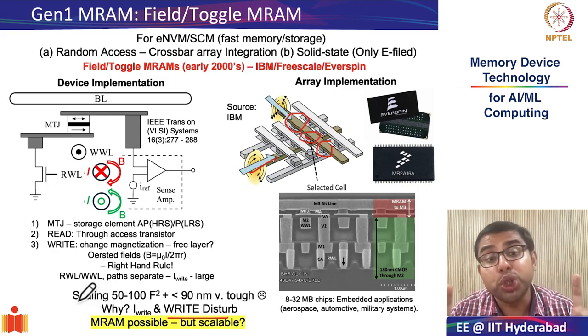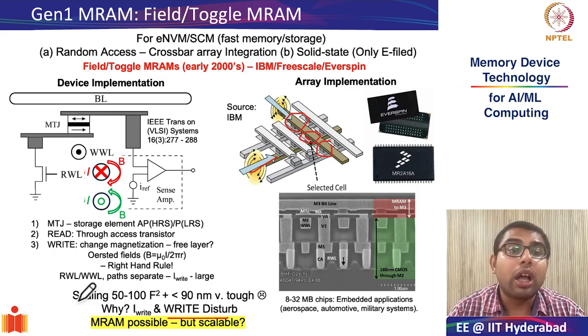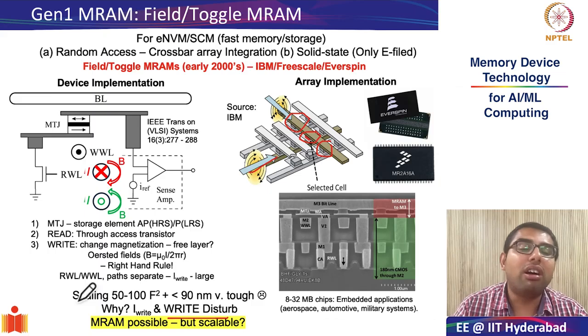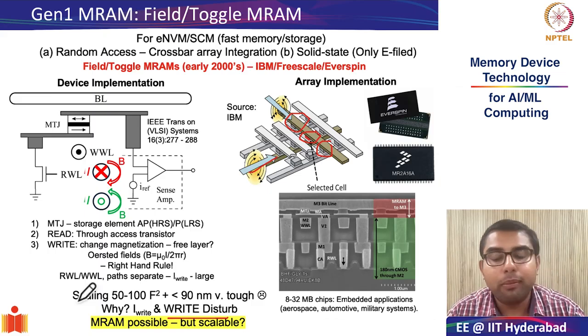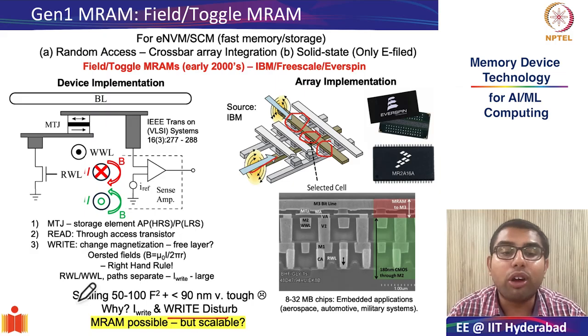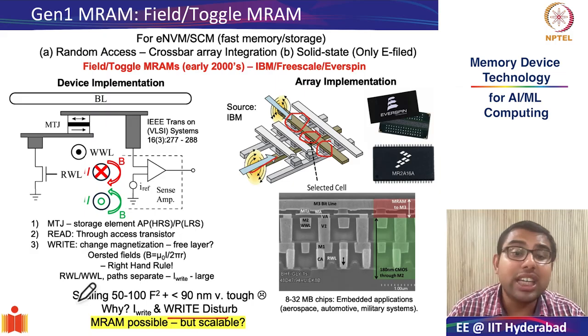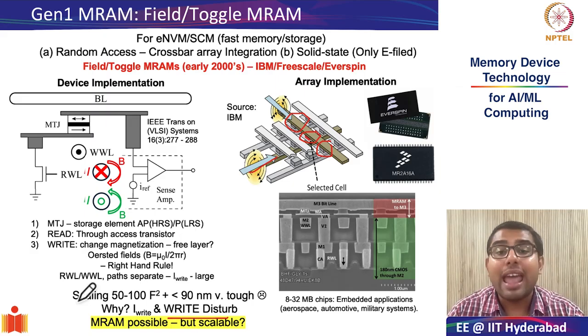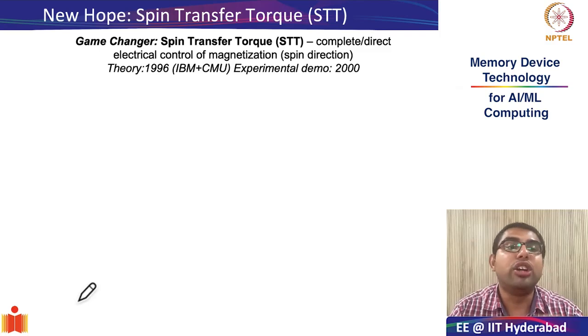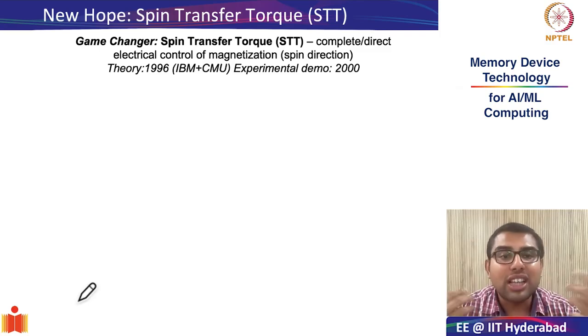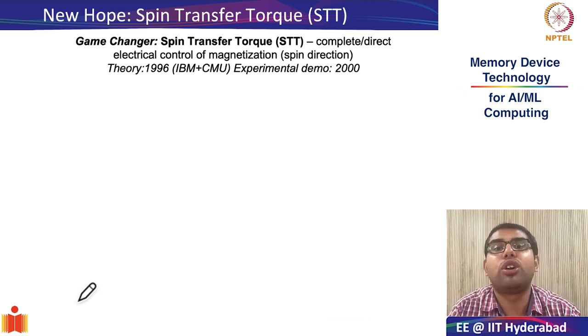These field MRAMs showed indeed that creating MRAMs or creating magnetic based random access memory is possible, but there was a big question mark on whether this technology can be scalable. Everything changed. A new hope came about when there was the discovery of a game-changing technology or concept called the spin transfer torque.